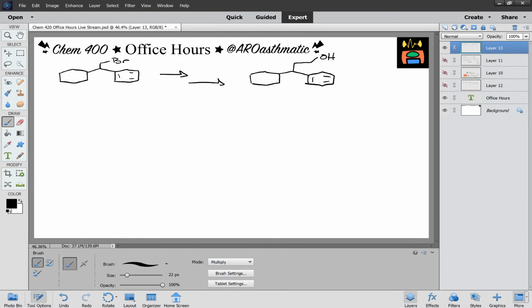Taking it to a Grignard is an excellent first step. So go in with magnesium and ether to form our Grignard reagent. Couldn't be better.